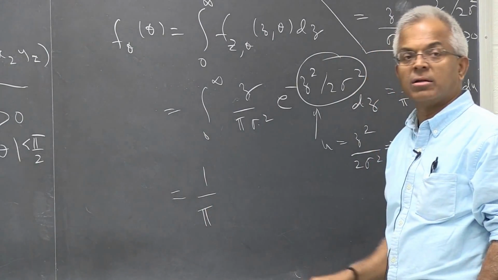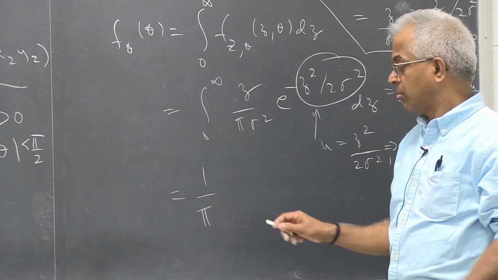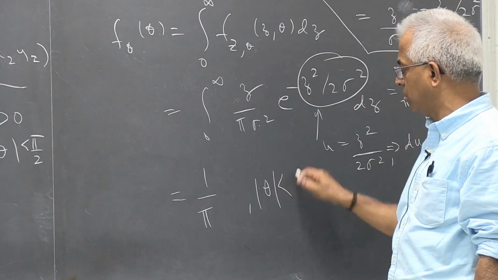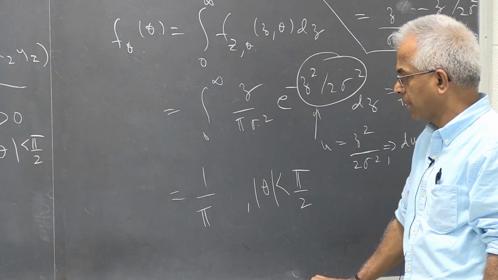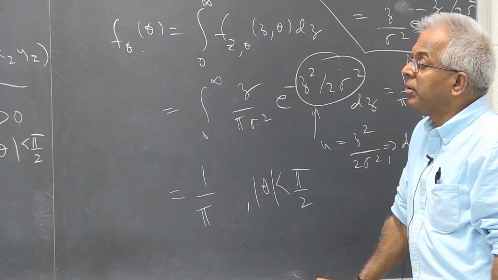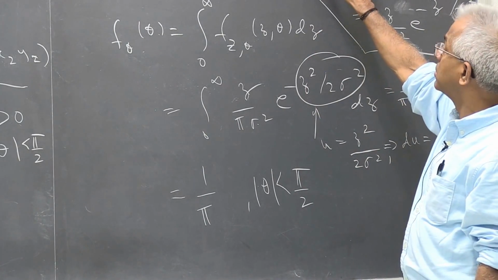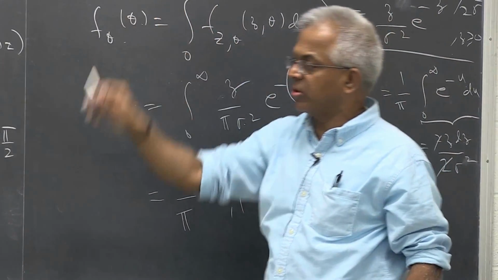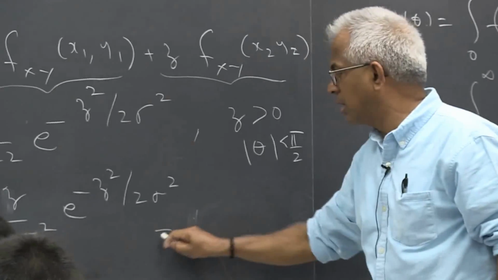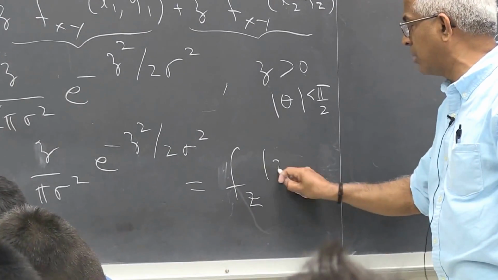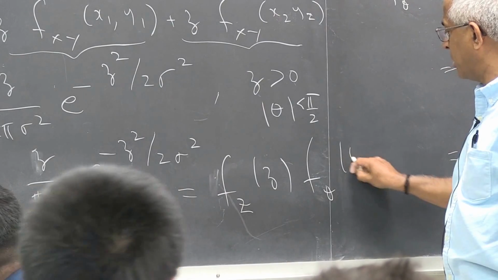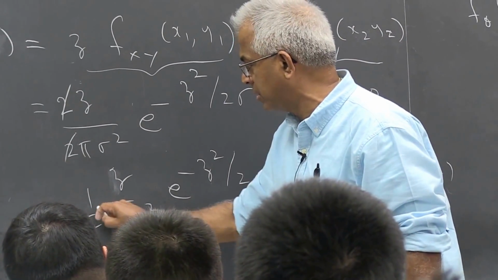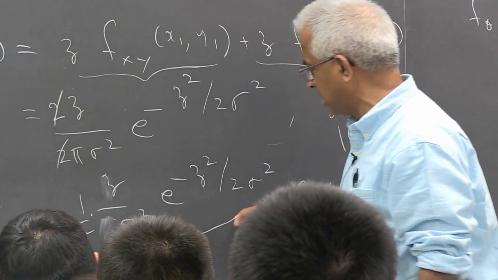What is that density function? Uniform. So the density function of theta is uniform, and the density function of z is Rayleigh. And moreover, in this peculiar case, look at this. Just after doing all this, I see that if I multiply these two, you get back this, right? Because I can write it as 1 over pi here. This is the uniform, this is the Rayleigh.